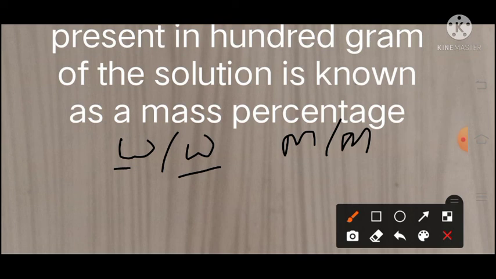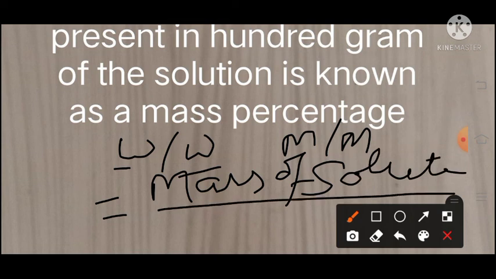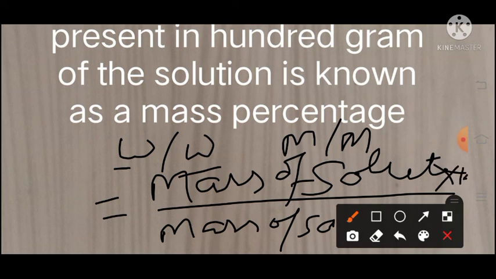The calculation of mass percentage, W by W, equals mass of solute divided by mass of solution, multiplied by 100.